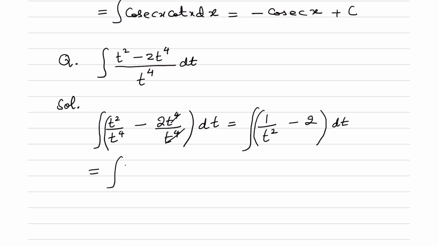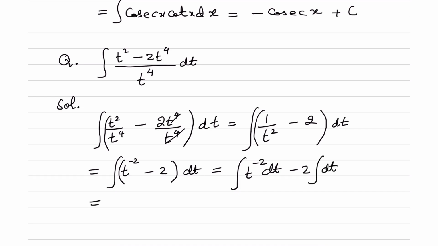Now the first term could also be written as t to power minus 2, and minus 2, with respect to dt. We can separately write t to power minus 2 dt minus 2 dt.